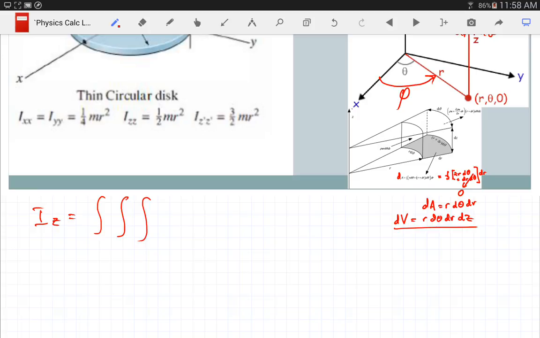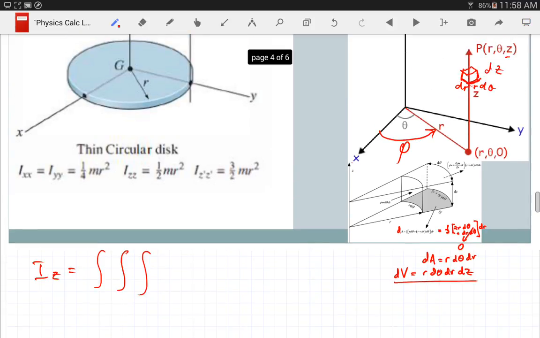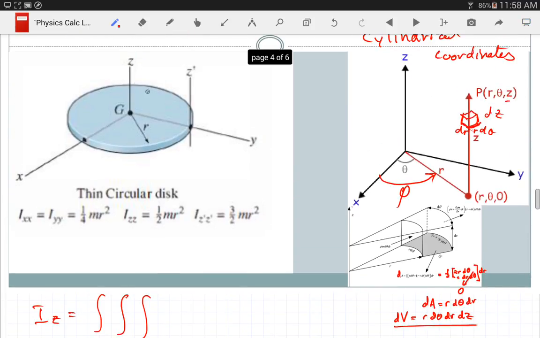I'm doing this the long way instead of shortening it. I have 3 integrals, and I'm going to have r perpendicular. If you look at my disk, what is the r perpendicular to the z-axis? It's just R.